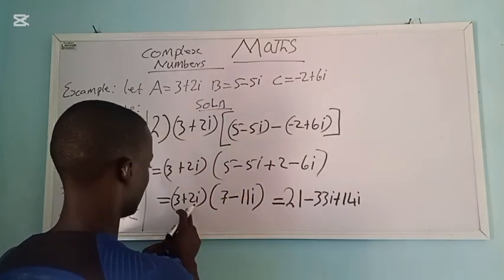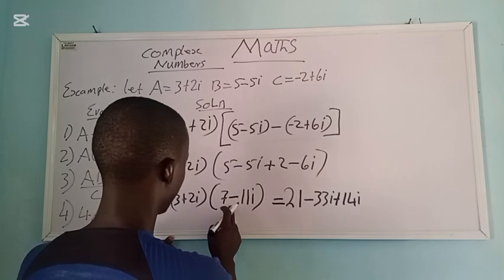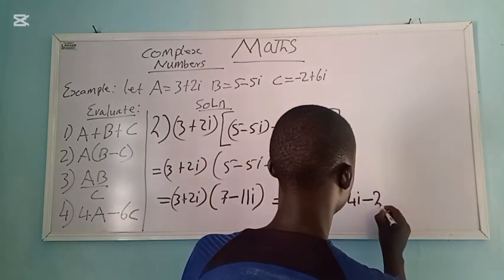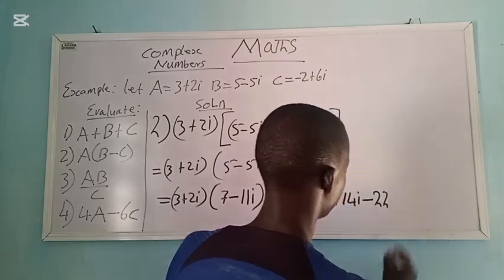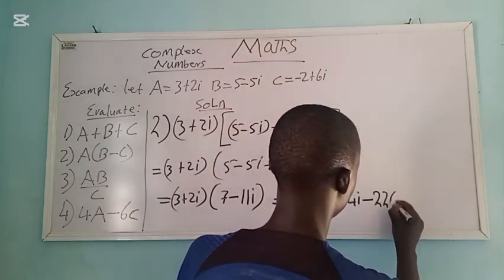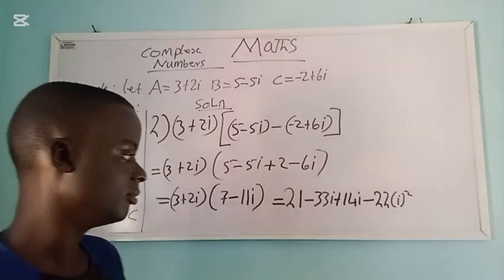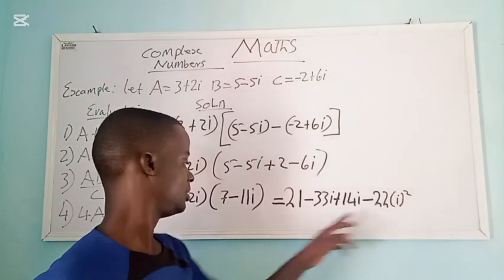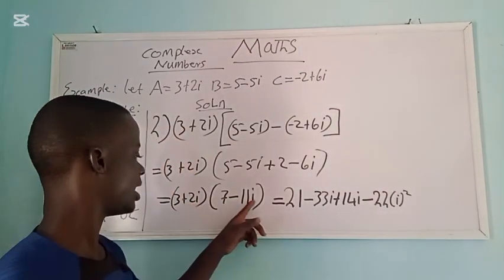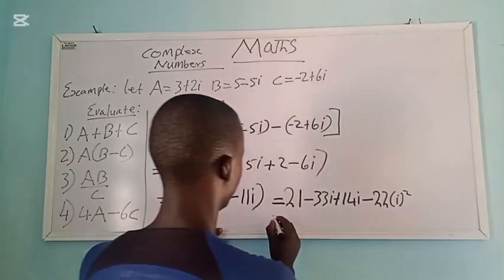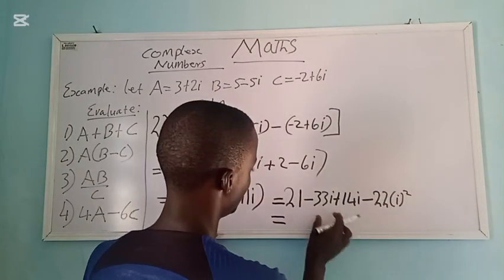So now 2i times minus 11i will be minus 22, and since the i are two, it will be i square.